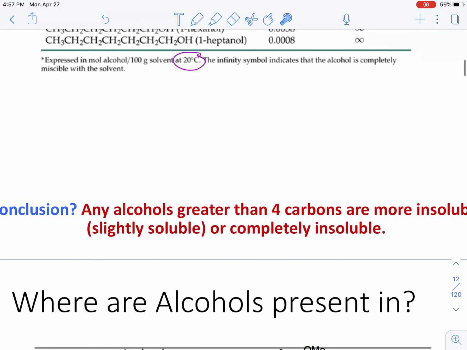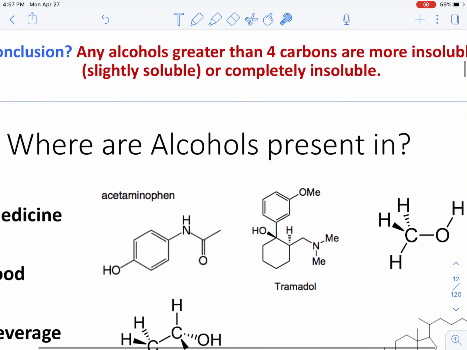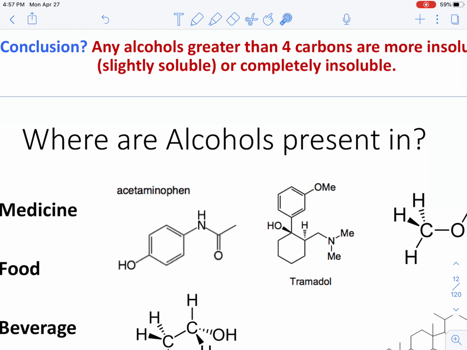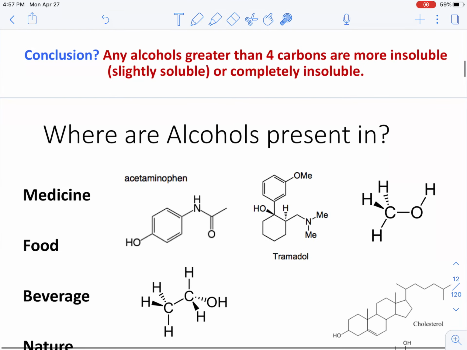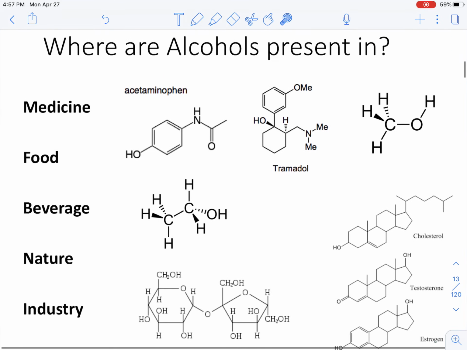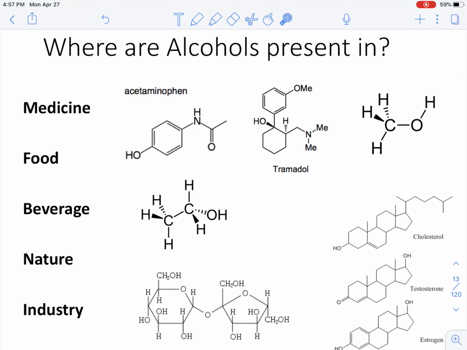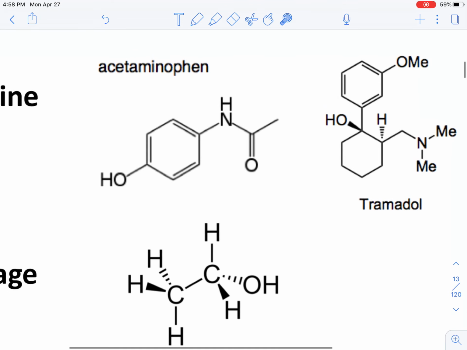All right. And so where are alcohols present? I kind of talked about the idea of these functional groups playing a strong role in terms of medicine, food, beverage, nature, industry, and all that stuff. If you guys are looking at, for example, this organic molecule, acetaminophen, that's something that I brought up in a previous lecture video. Acetaminophen is the active ingredient of Tylenol.